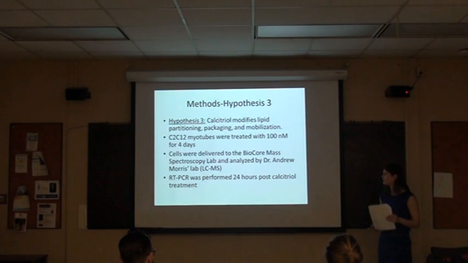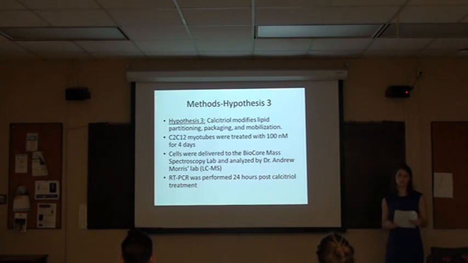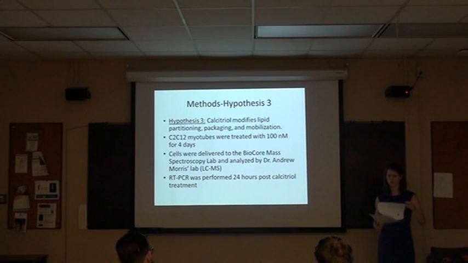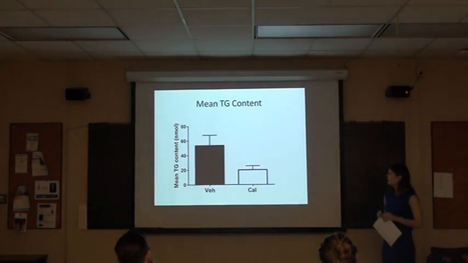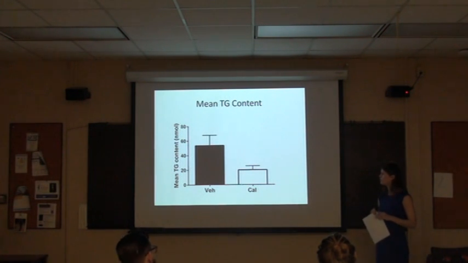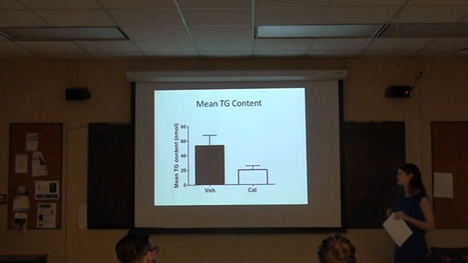But then real-time PCR to look at the mRNA content in our cells was performed 24 hours post 100 nanomolar calcitriol treatment. This is where a majority of our lipid data has been analyzed, and our monoacylglycerol content was not significant.